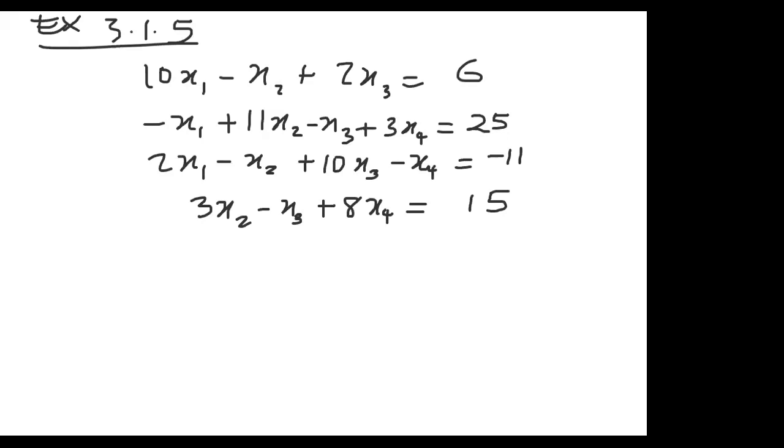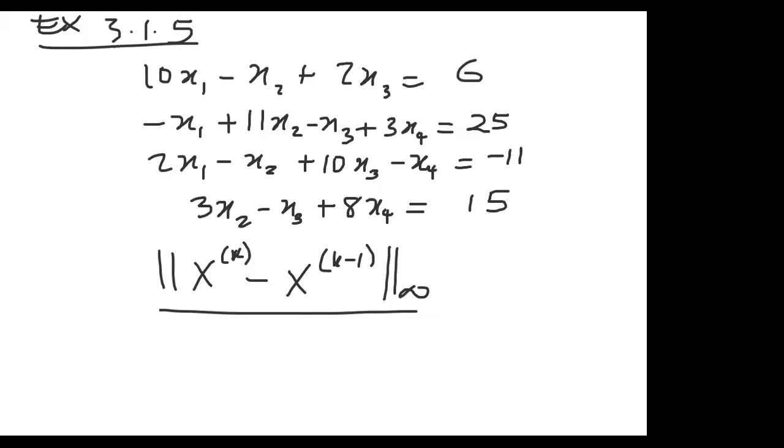And then we have been given a stopping criterion in this case. It says we have to stop when the norm, the L infinity norm of xk minus xk minus 1, is less than 10 to the power negative 3.